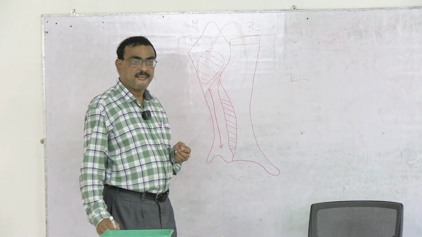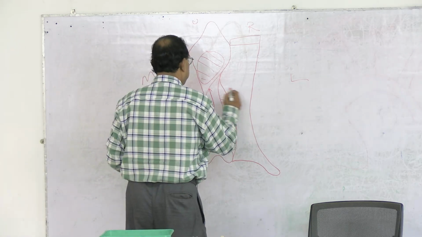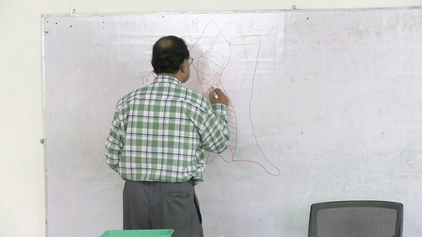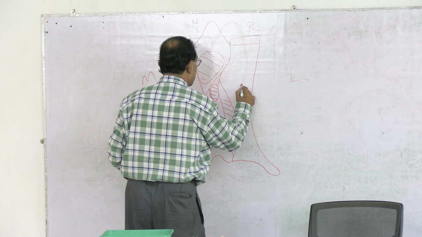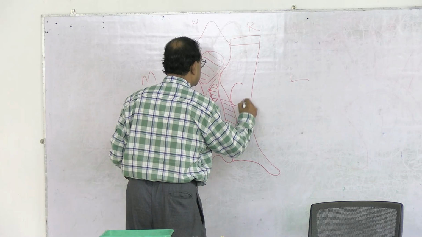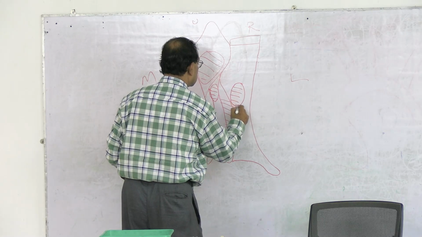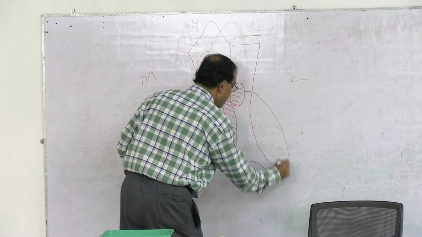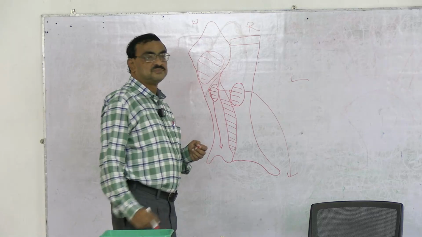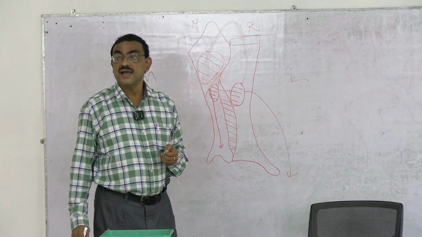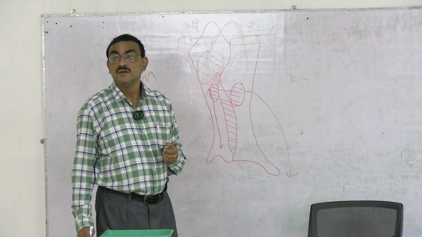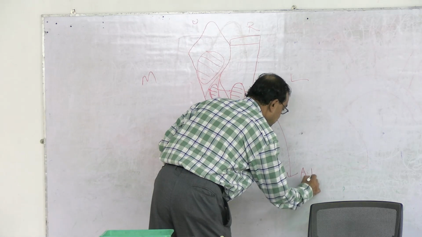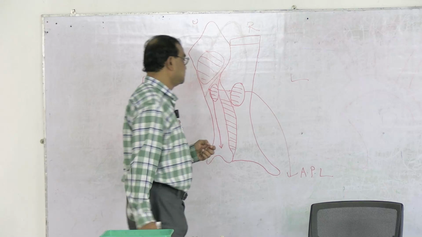From here we are getting origin of one muscle, which is also taking origin from here also. Okay, and ultimately it goes down, which, yesterday I told you, is abductor pollicis longus.